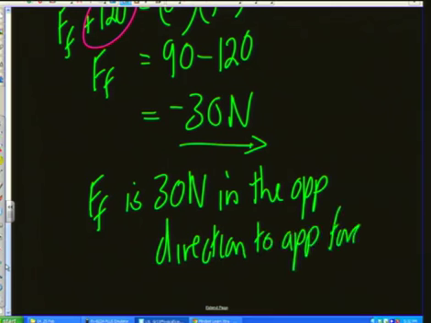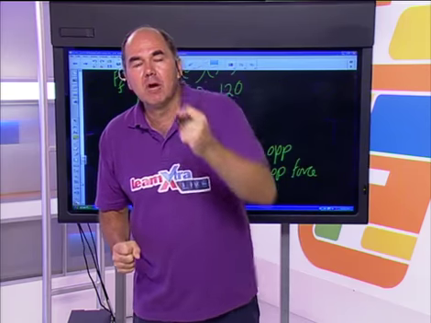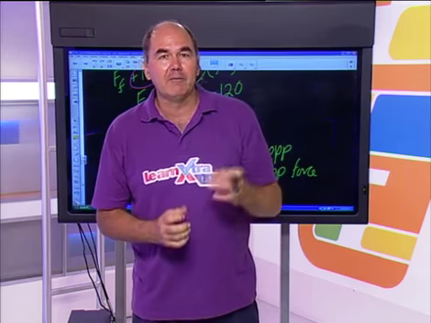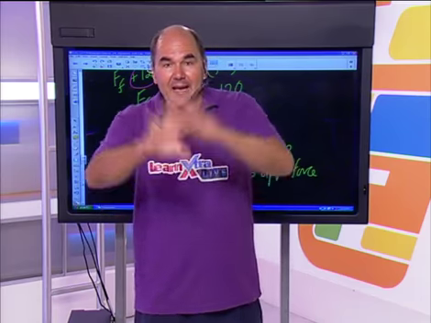The reason I didn't say left and right was because they didn't tell me in the diagram that it was to the left or right. They drew the diagram, yes, and I might be okay, but not every time. So what we need to say is it's in the opposite direction to the motion, or the opposite direction to the applied force, or the opposite direction to the acceleration. Please be very specific. If they tell you that it's traveling north, then you know that the direction of the force will be to the south, and so on.